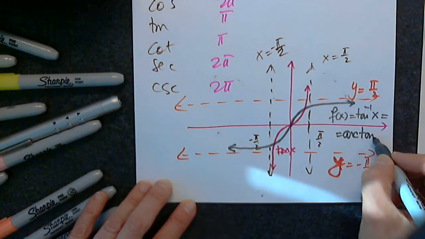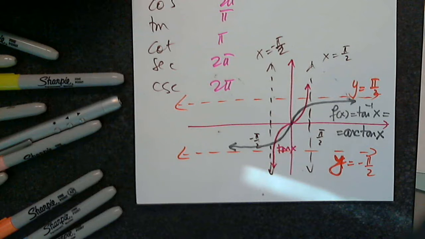Arc tangent x. So you can find tangent inverse, which does not mean 1 over tangent. We know that. Or you can find it denoted by arc tangent. Okay, I would like to go back to 5.3 for some examples and then come back to 6.4 to finish that.